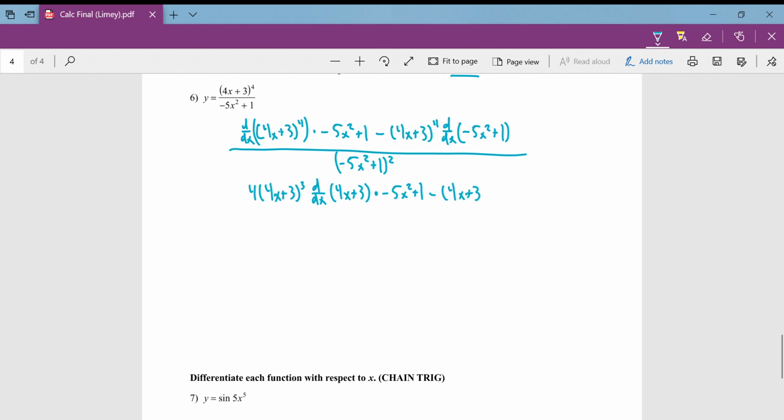And then, of course, there's all the rest of this back here. And then the derivative of that is negative 10x, because that's a 0. So now let's get the derivative of that, which is really just 4.